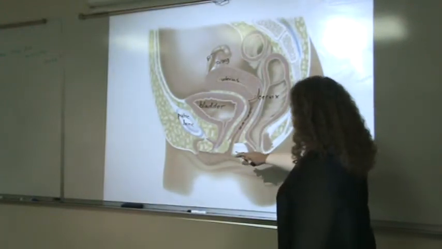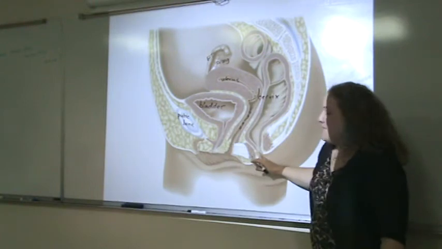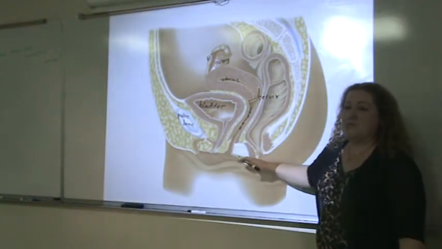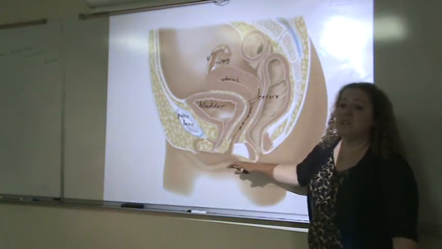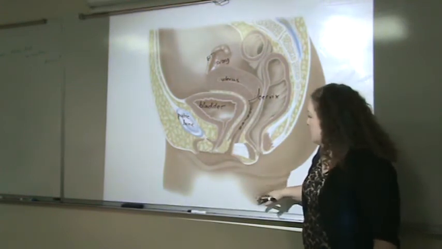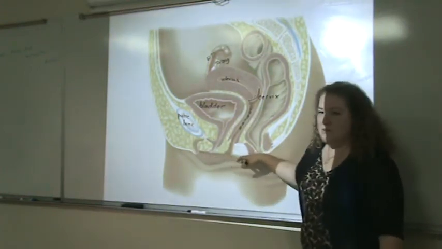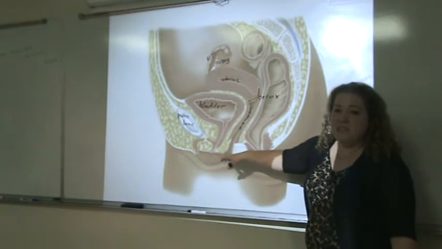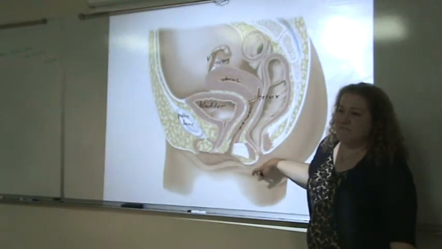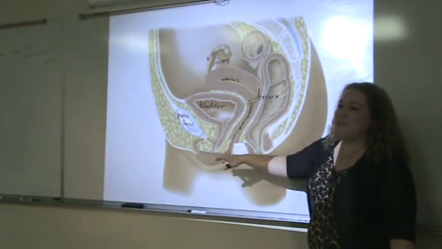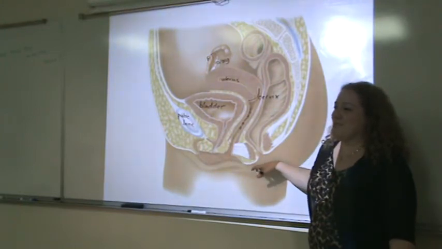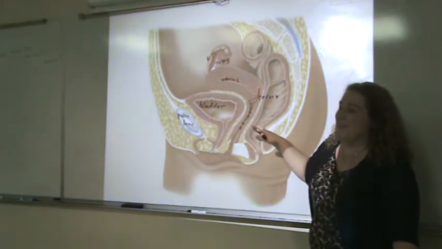Okay. Now, the order of these structures is really important. This is one of the most important things in this lecture today. So, there are 3 openings in female external genitalia. Please don't leave this class without knowing what they're called and what the order is, whether you're male or female.